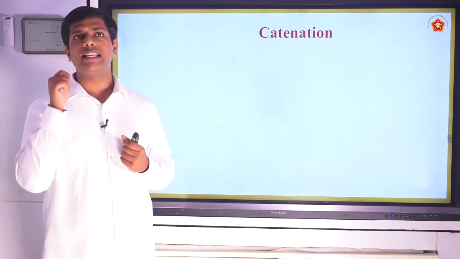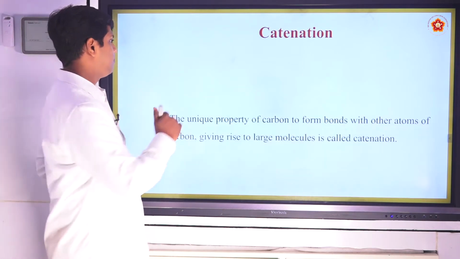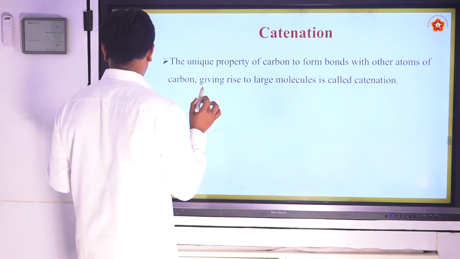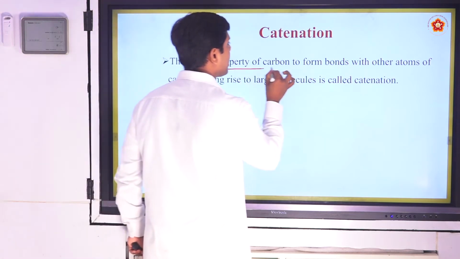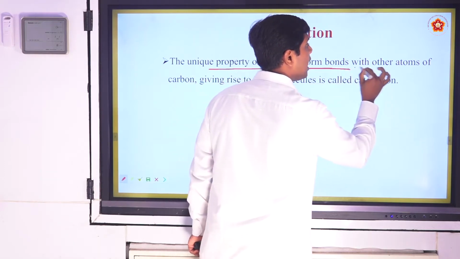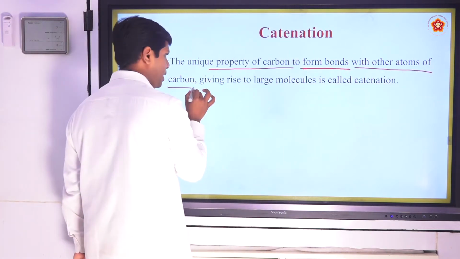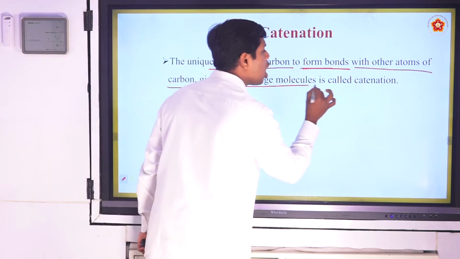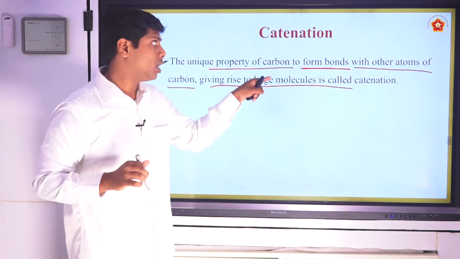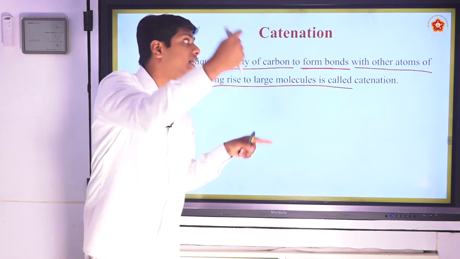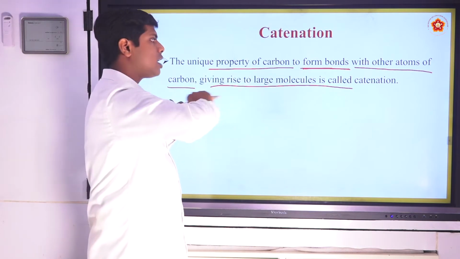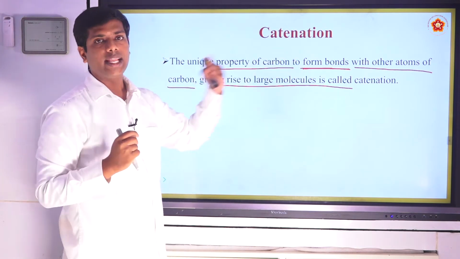What is catenation? See here, the unique property of carbon to form bonds with other atoms of carbon, giving rise to large molecules, is called catenation.